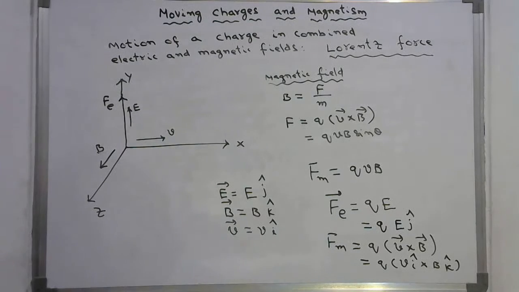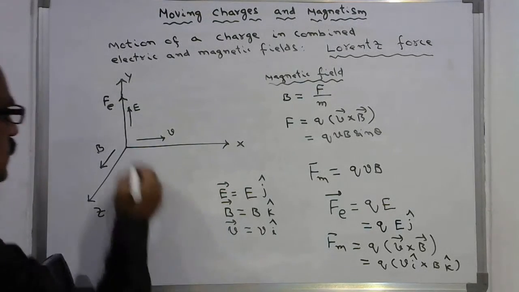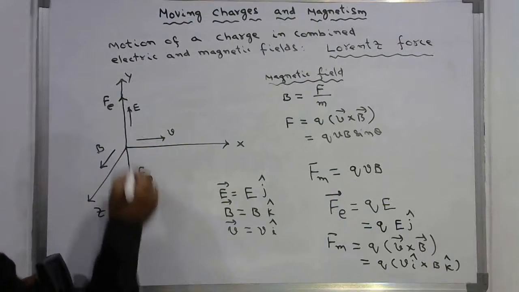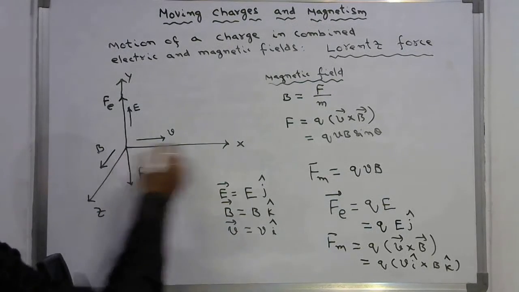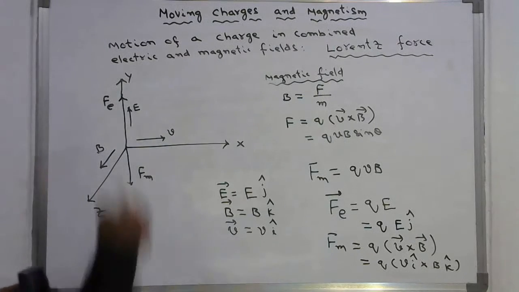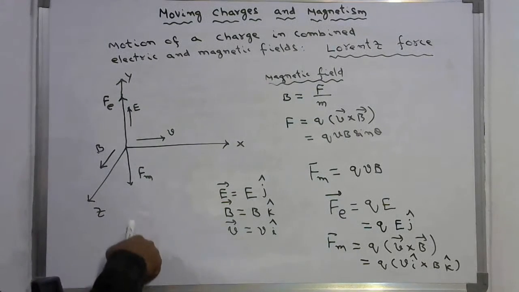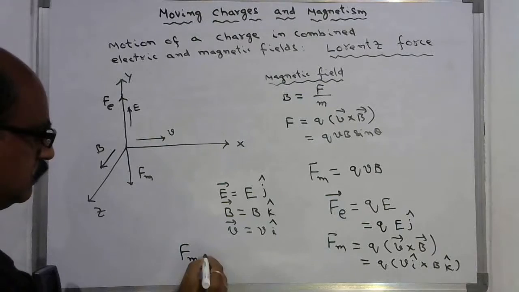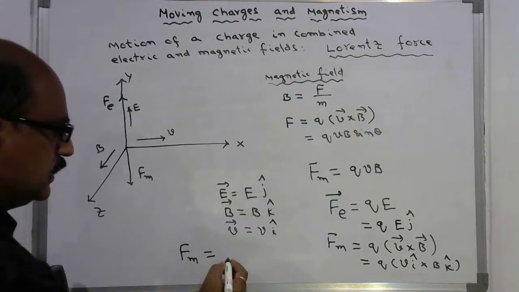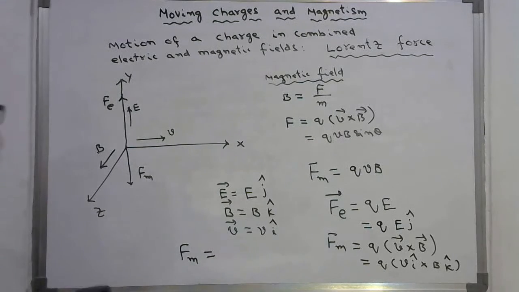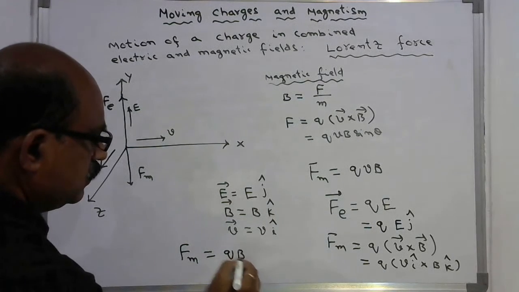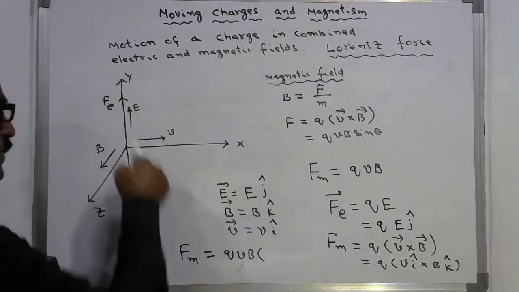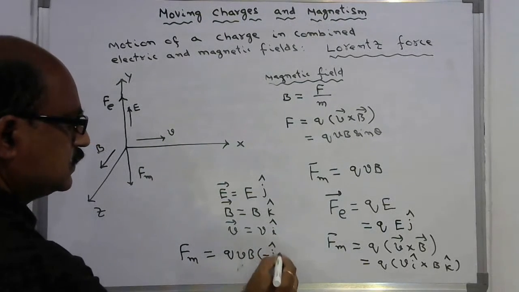Force due to magnetic field will be acting in this direction. This is the cross product of V and B, acting in the negative Y axis. That is why the force due to magnetic field can be written as minus QVB into minus J cap.